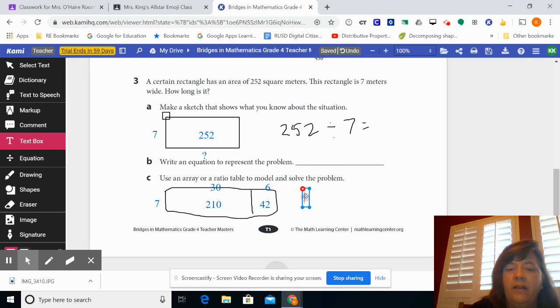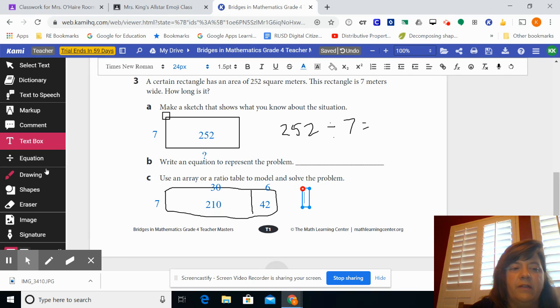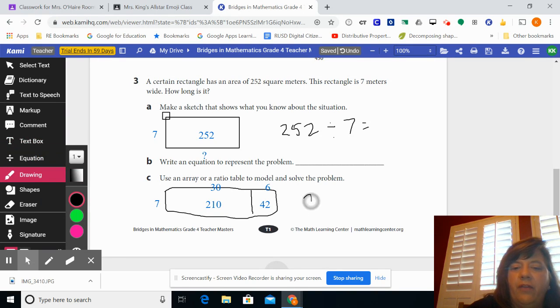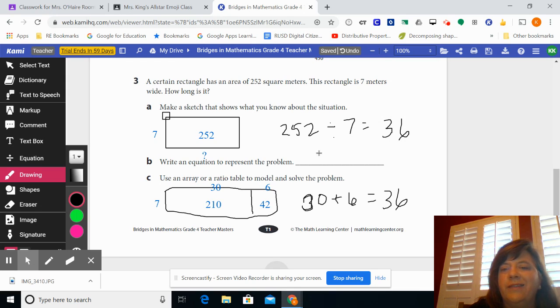I'm going to draw this so it's a little bit easier. I'm going to add 30 plus 6 equals 36. So I know that my answer would be 36. So here's my equation, and my answer is 36. And I also know that 7 times 36 equals 252. So I can check my answer by knowing that, okay?